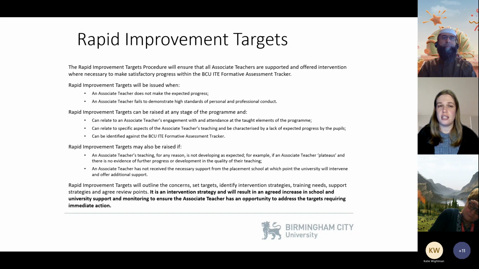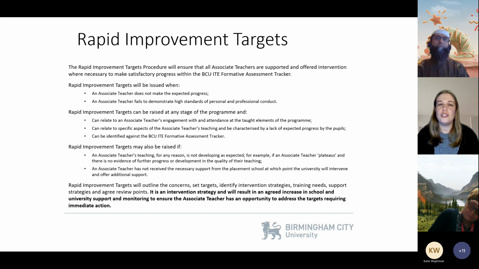If you do have concerns and you think this is something that may need to be implemented, we would ask that you contact your university tutor as soon as possible, because it's better to start this process early, put that support and targets in place, and then hopefully the associate teachers with this additional support, with these additional targets, will make progress and be successful.